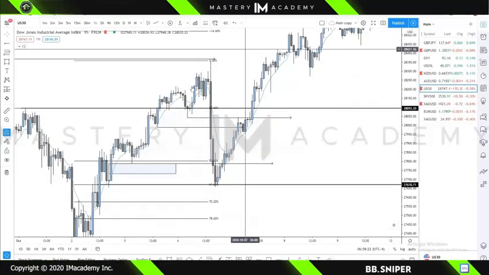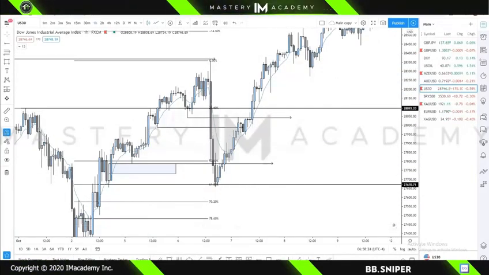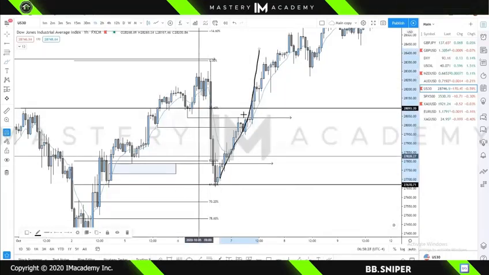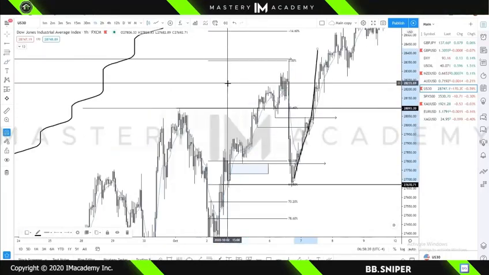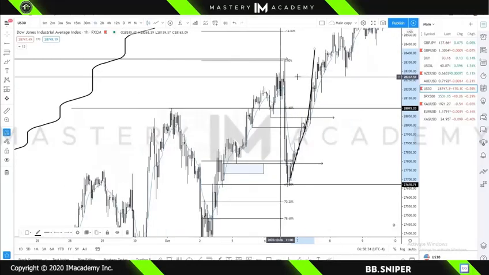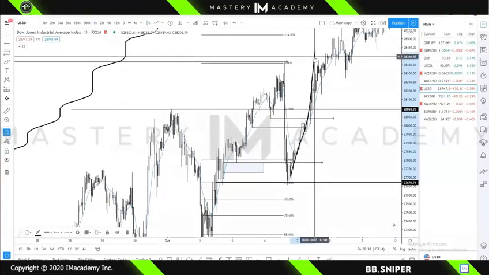Well, now that's just going to be used as the external liquidity, which is what they're going to seek after capturing all this internal liquidity. So they capture these highs, right? And then the process will then repeat itself as price gives permission for it to do so, right?